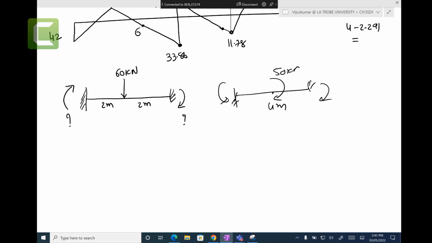You understand, because fixed supports are everywhere. It's not that I just throw it. The fixed supports are here. Reaction force we need to find, 60 kilonewtons coming, 4 meters long. There is no 60 kilonewton. Let's say 50 kilonewton meters. Sorry, this one is 50 kilonewton meters. A moment coming in the middle instead of 60. I changed that. Okay, there is not 60, only 50. Say 2 meters, 2 meters, 4 meters. Let's find the moments.